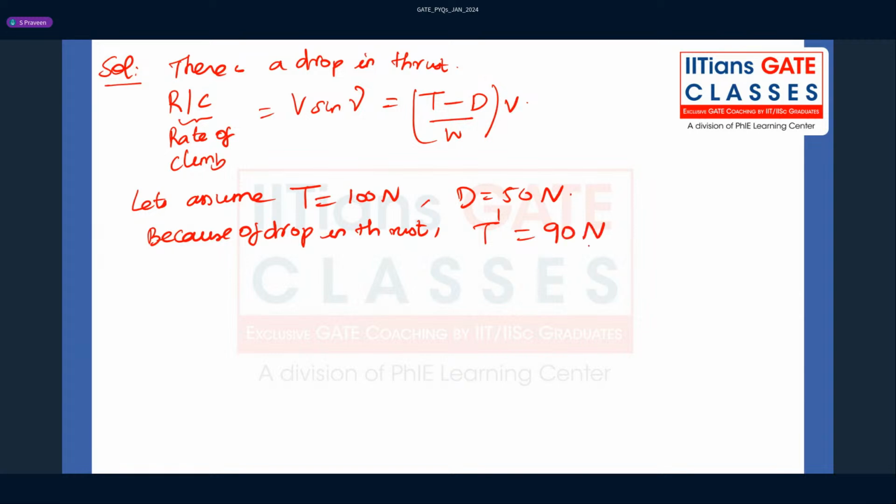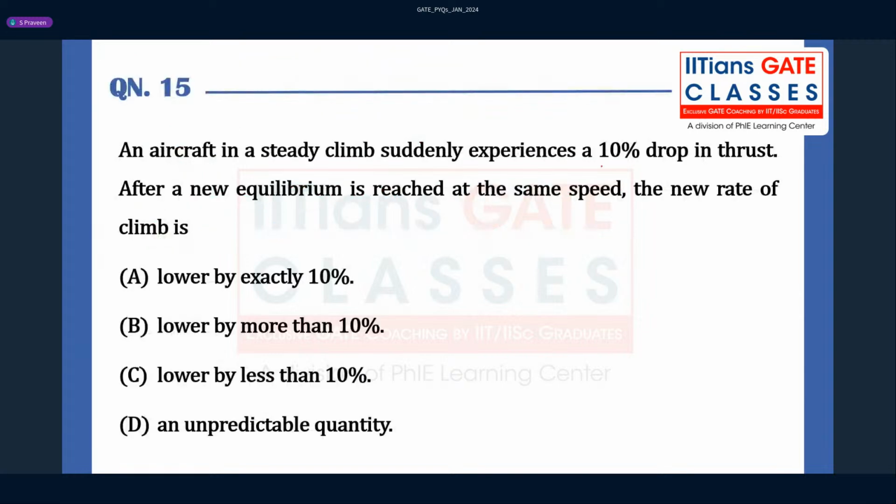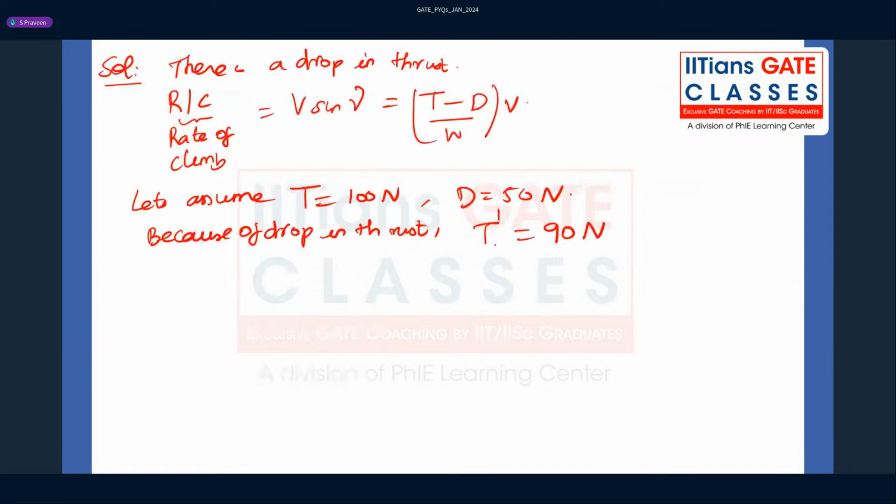There's a 10% drop in thrust, right? If I go back to this question, 10% drop. Okay, so the new thrust will be 90 Newton. Now, my original rate of climb is basically 100 minus 50 by W into V, which is basically 50 V by W.